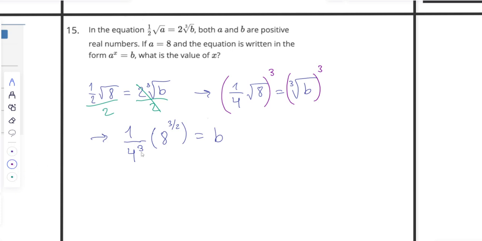And then we want the equation to be written in this form: a to the power x is equal to b. So we want 8 to the power x is equal to b. So I want to convert this 4 cubed into some power of 8 as well. 4 cubed is going to be 1 over 64.